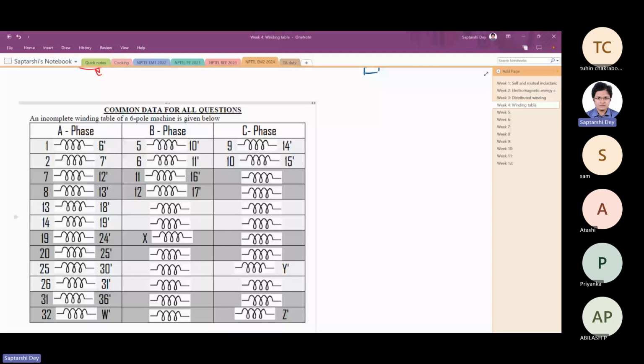This is a distributed winding. First of all, you tell me whether this is a single layer winding or a double layer winding.